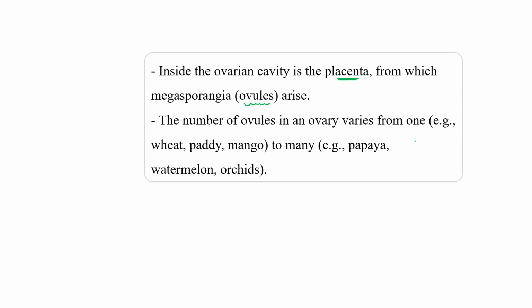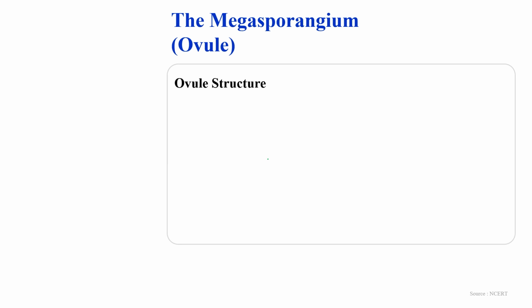In some plants only one ovule is present, like wheat, paddy, mango. In others many ovules are present, like papaya, watermelon, orchid, muskmelon, and so on.